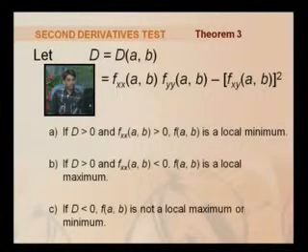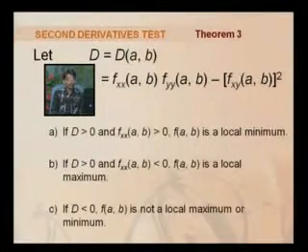From this test, we can be sure that if D is less than 0, then the value of the function at the point (a, b) is neither maximum nor minimum locally, right?